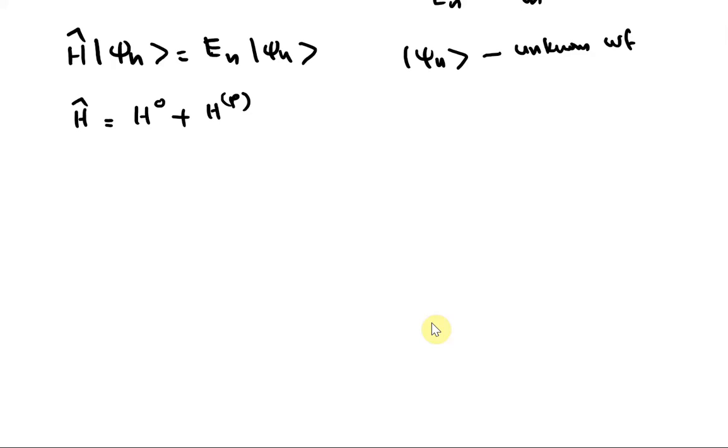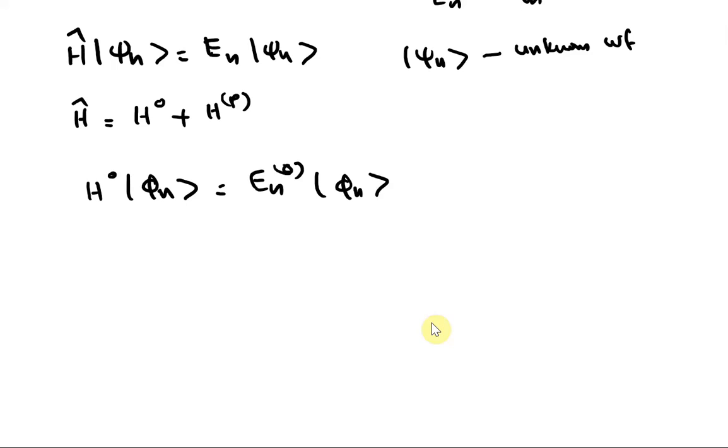For solving this perturbation analysis, we need a known Hamiltonian and a known set of states. The known problem is as before: H naught phi n equal to En naught phi n. Phi n is always the unperturbed state in our representation.